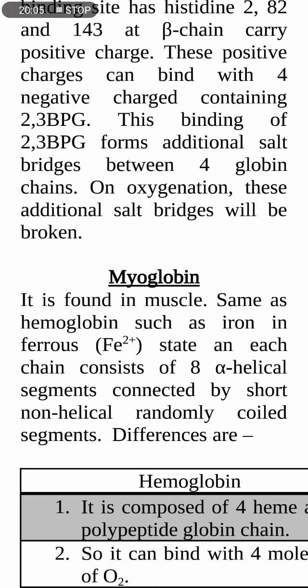The structure of myoglobin and hemoglobin is almost the same. It has iron in the ferrous state. The heme portion is almost the same, but the globin portion is different.